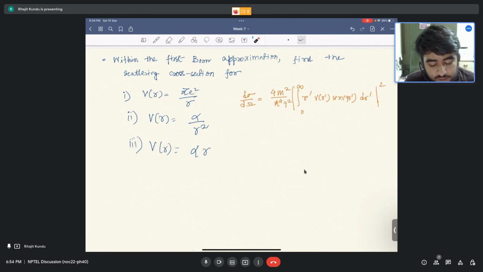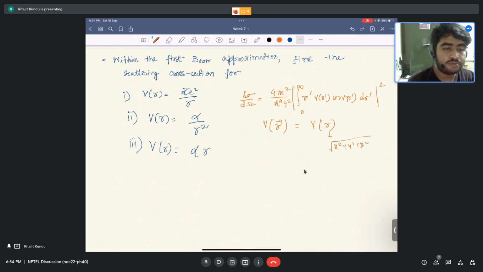This is a result from scattering theory: if your potential is a symmetric potential, so that it doesn't depend on the direction of x, y, z but depends only on the modulus R, like the central field problem that you do in classical mechanics, then the scattering cross section can be simplified a lot.